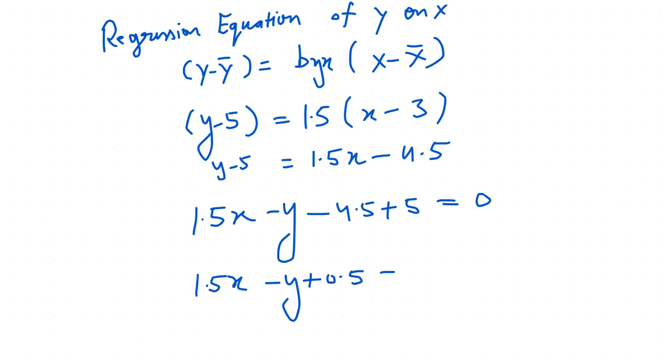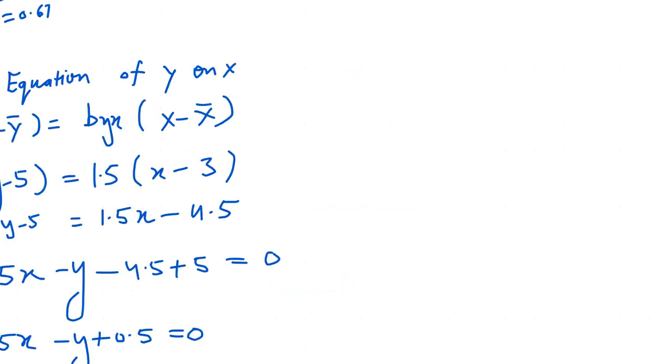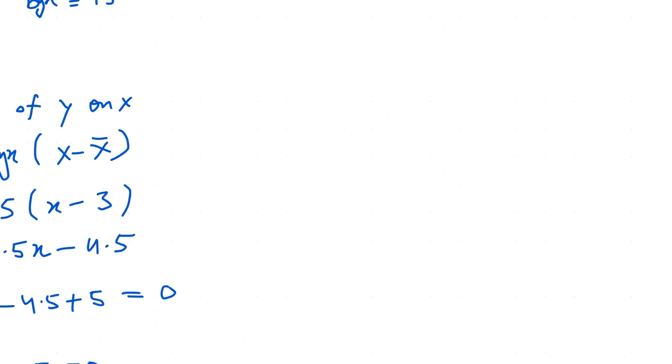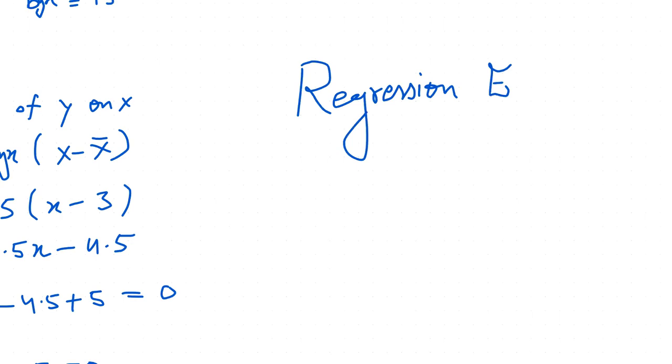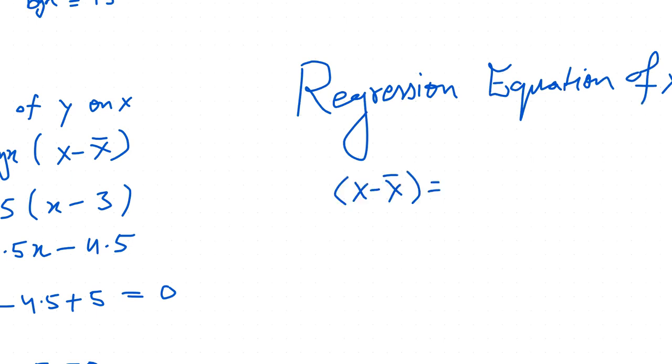And we can find similarly for X on Y also. So the regression equation of X on Y is X minus X bar is equal to BXY into Y minus Y bar.